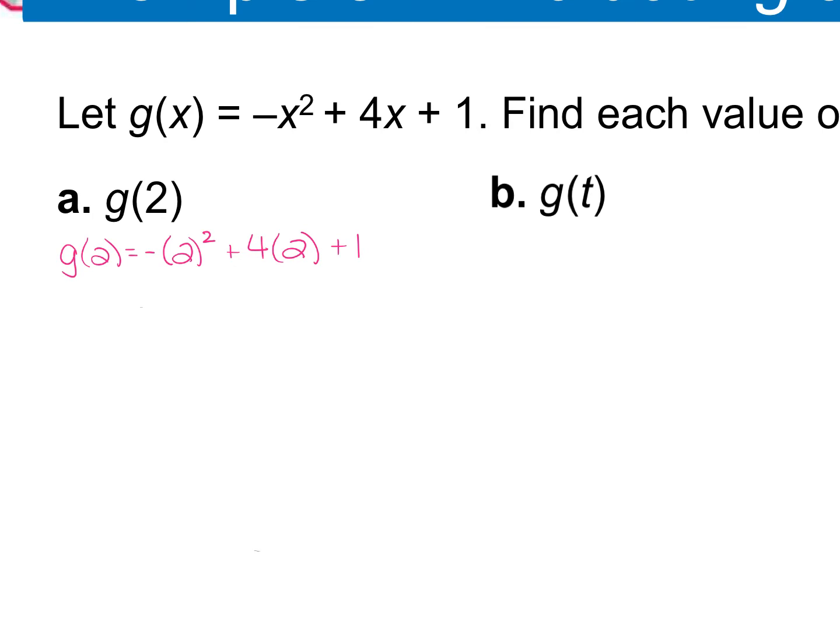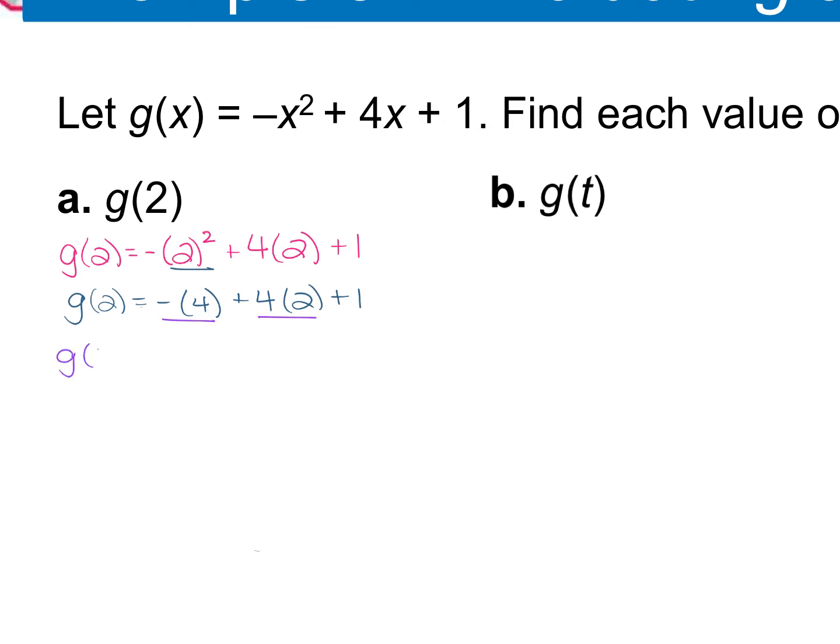So next, if we simplify this, we're going to simplify that power of 2. So that's the opposite of 2 squared, which is the opposite of 4, plus 4 times 2 plus 1. From here, we'll simplify the negative times the 4, and then the 4 times the 2.